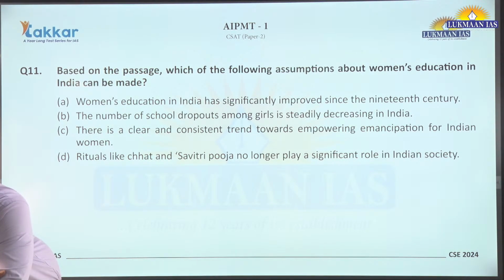Now, option C, there is a clear and consistent trend towards empowering emancipation of women. So this could have been the answer. While attempting, what were the options you were confused with, Vijay?